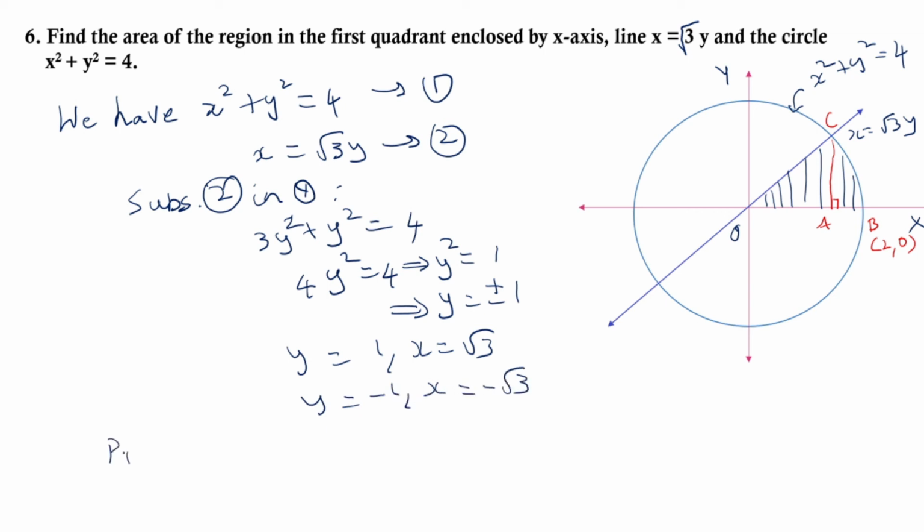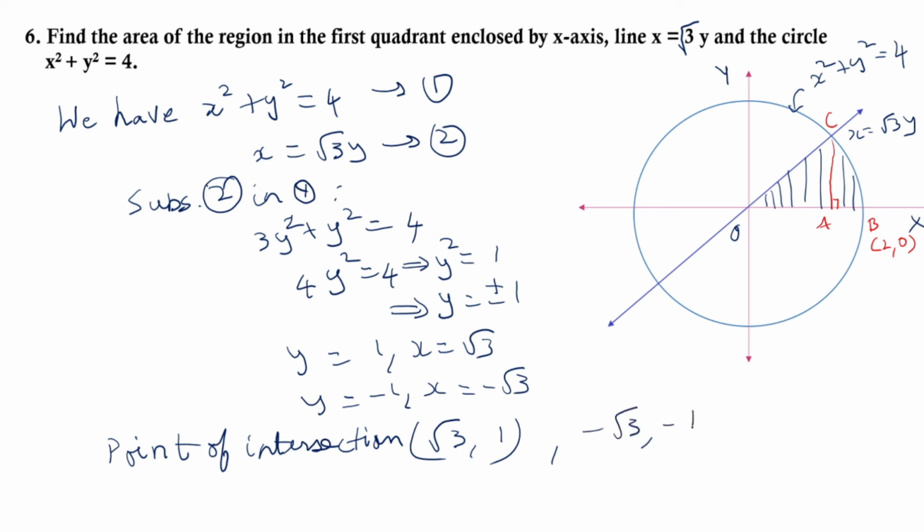So the point of intersection will be (root 3, 1) and (minus root 3, minus 1). So the coordinates for C is (root 3, 1), which means the coordinates for A is (root 3, 0). So I hope this is clear. Now we can find the required area easily.